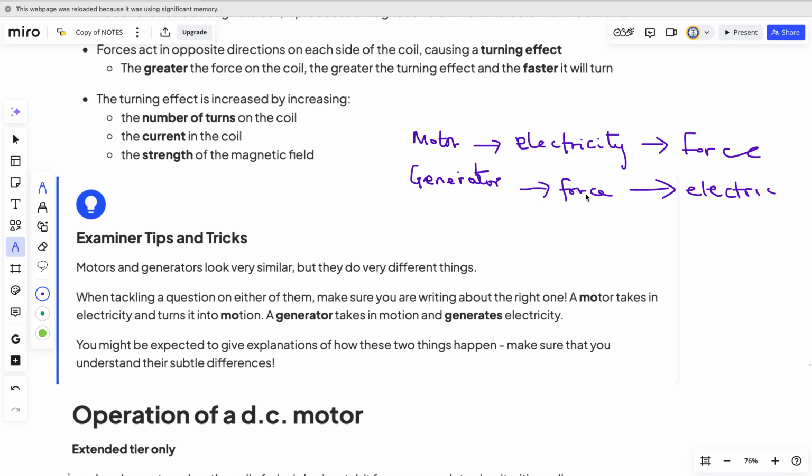A generator converts mechanical energy, ME, into electrical energy, EE. A motor converts electrical energy, EE, into mechanical energy.